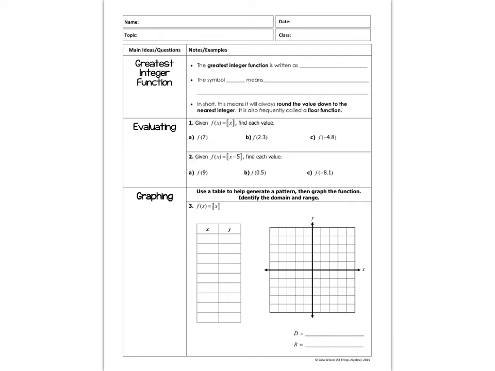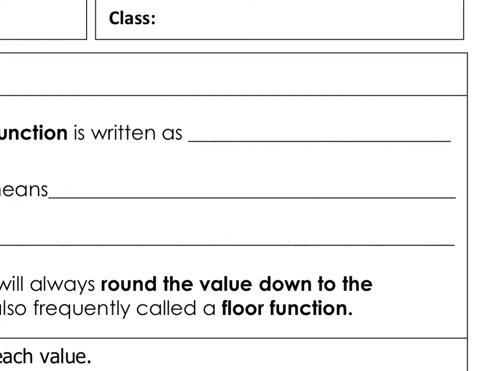The greatest integer function is written like this: f of x is equal to, and then you use these kind of double brackets. It looks kind of like this. So that's what it looks like.